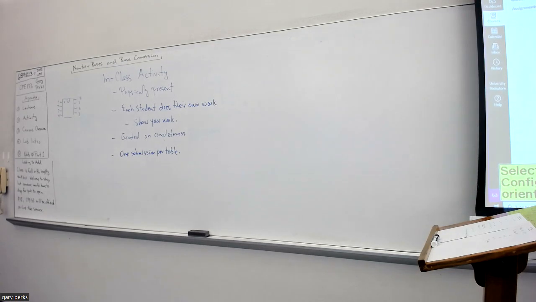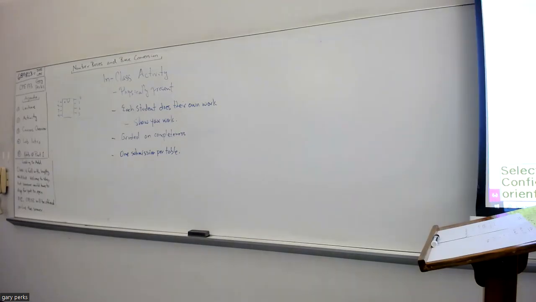So if you go to the modules on Canvas, and then click on the first meeting here, here's the activity, activity 1. If you click on that, it'll come up with, I think, 11 problems.